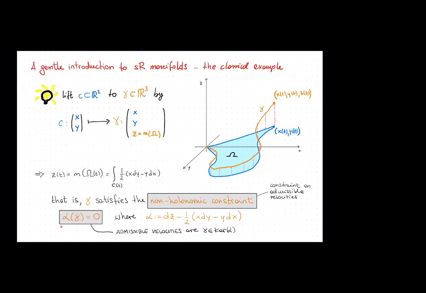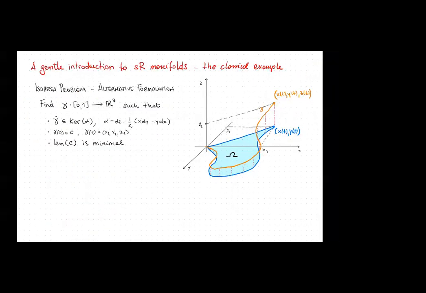And so somehow this clarifies even more explicitly that rewriting the problem in 3 dimensions and having this special z that encodes the volume has given us a constraint on the velocities that we are allowing for our curve. Somehow the curve has to evolve in a certain way if we want z to track the area enclosed by our curve along the evolution.